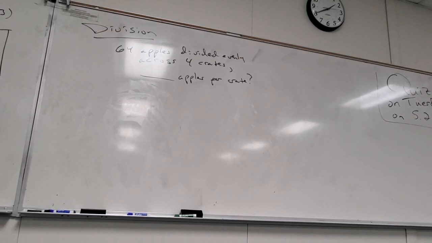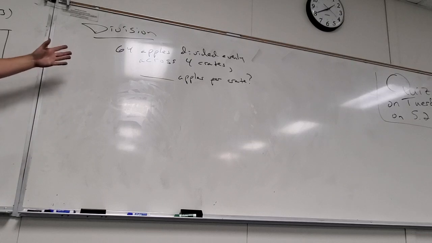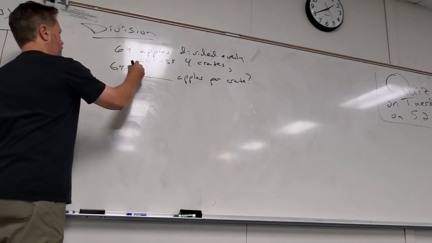So this is a physical situation involving division of whole numbers. So that you can come up with, that's easy. So what is the answer? 16. So it'd be 64 divided by 4 is 16.